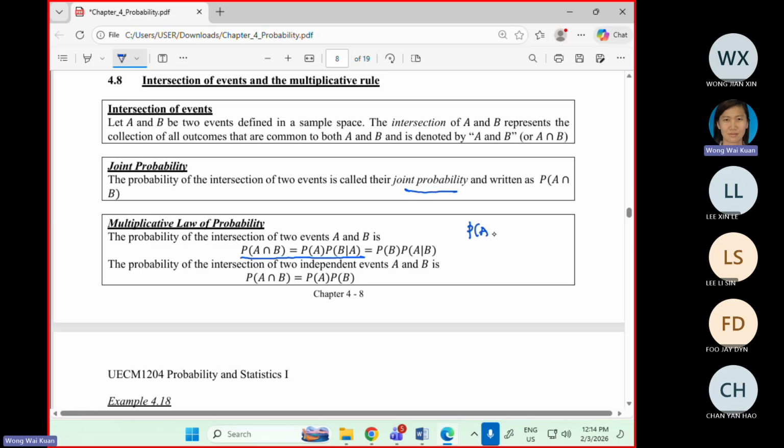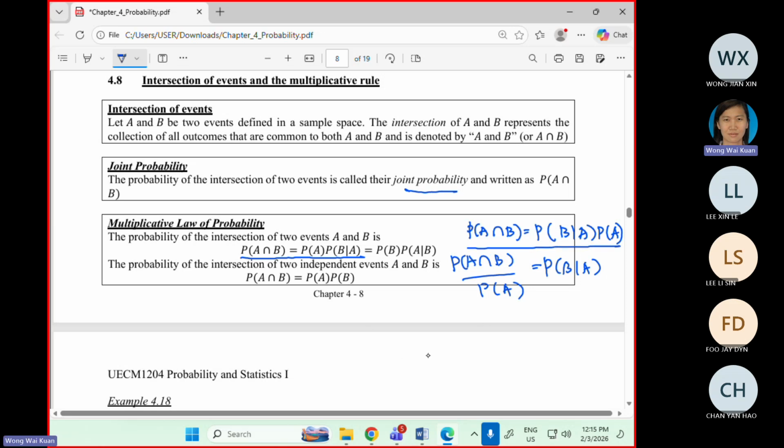Probability of A intersect B is probability of B given A, times probability of A. So if I'm to find probability of B given A, then it is probability of A intersect B divided by probability of A. You just move this over, right? So you need to remember only one. You don't need to remember all.